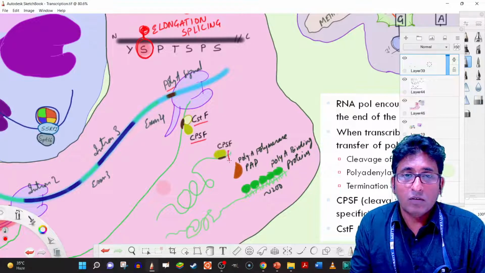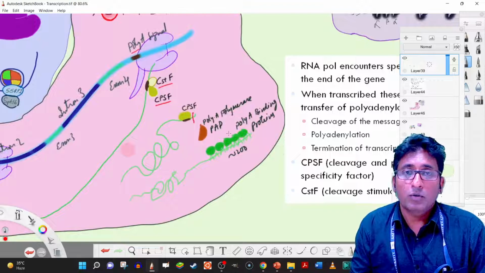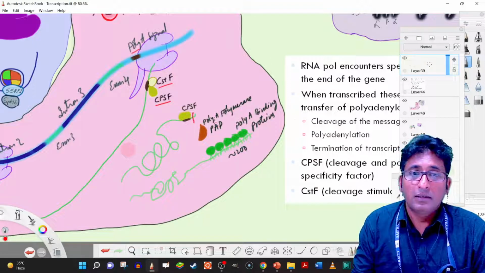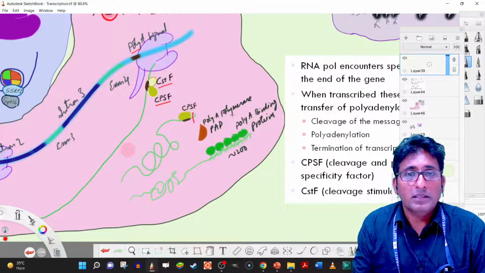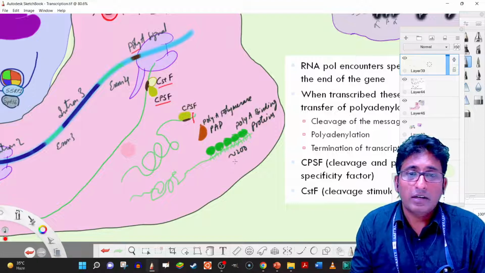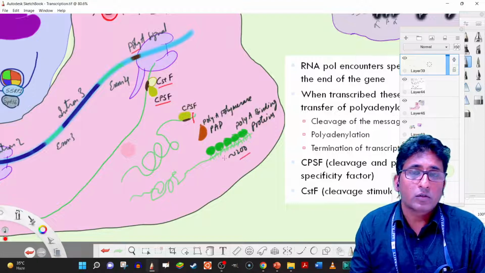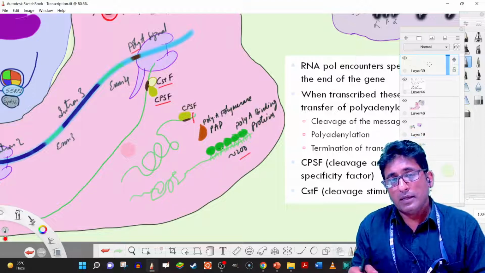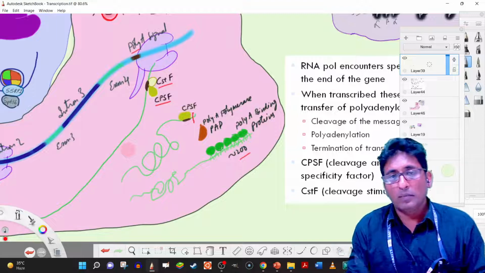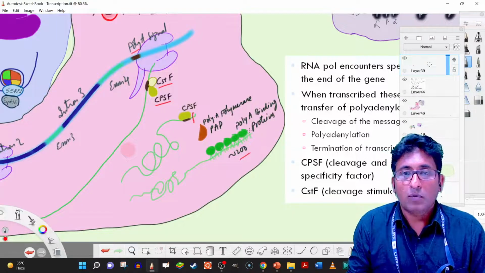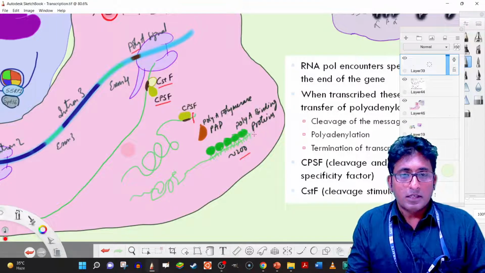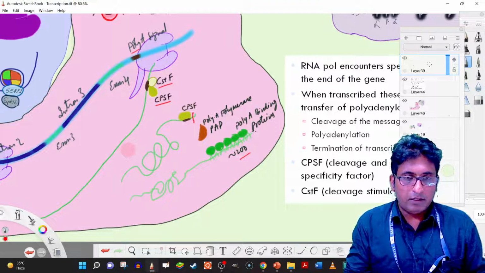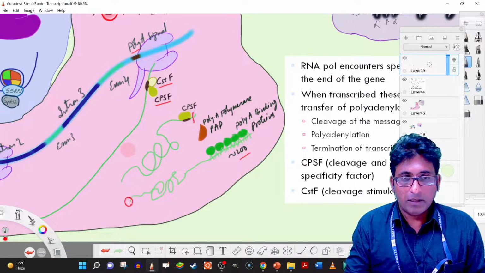The mRNA will be cut, some parts will be left out, and that will allow the binding of another protein called PAP, or poly A polymerase, which will add hundreds, about 200, adenine nucleotides to the 3' end of the mRNA. This poly A tail is also bound by several proteins called poly A binding proteins.